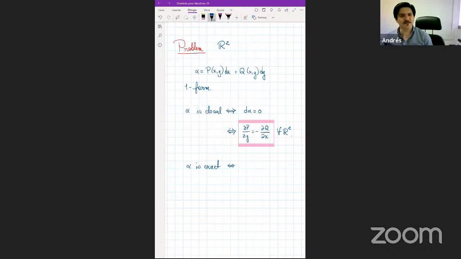So alpha is a one form. It's exact if it's the differential of a function. So I have to put here a function, okay? And this is equivalent to what in terms of P, Q, and f?